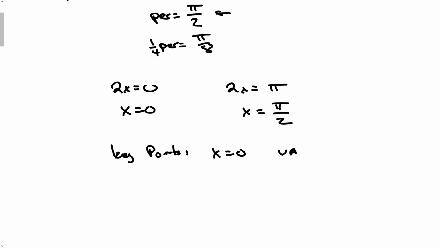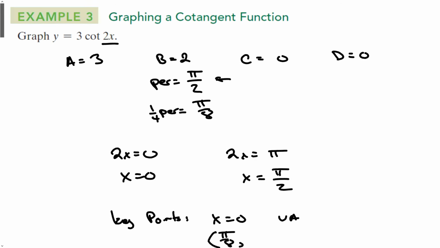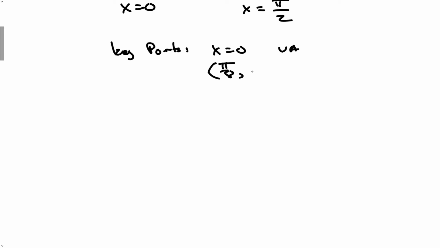That's my vertical asymptote. My first point is pi over 8, positive a. What was a? 3. So that's 3. Then pi over 4, 0. Then 3 pi over 8, negative 3.